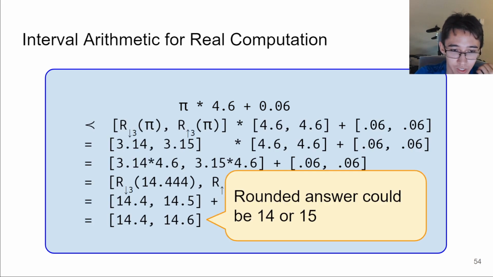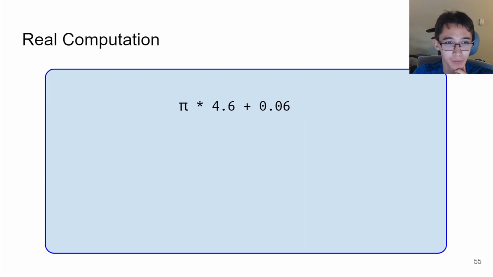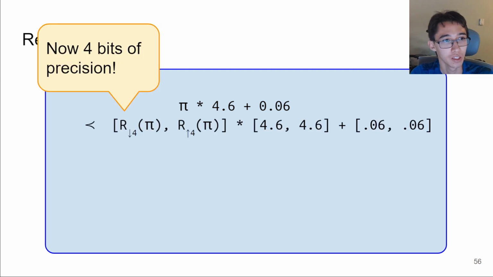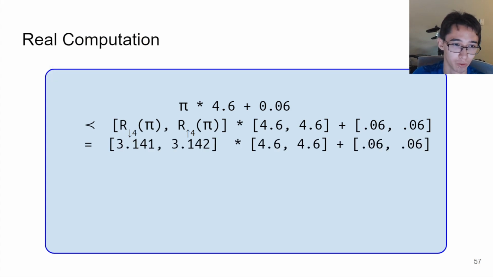So the cool thing about this is that the interval arithmetic has told us that 3 digits of precision was not enough. So we don't just get a wrong answer, we get that we need more precision to get a correct answer. So let's try this again with 4 digits of precision. Here we have the same thing, but we're going to round to 4 digits of precision. We'll get the interval 3.141 to 3.142.